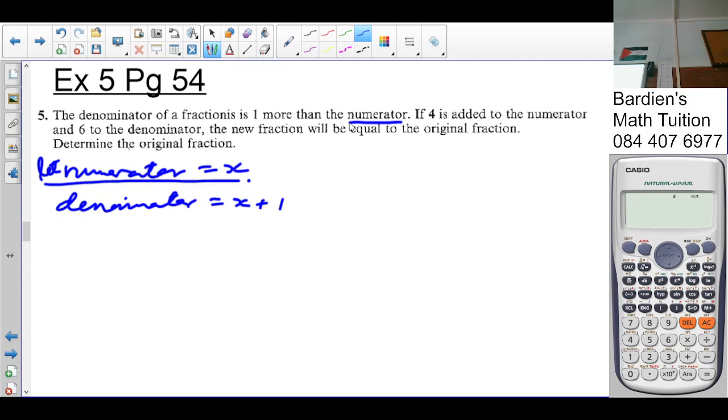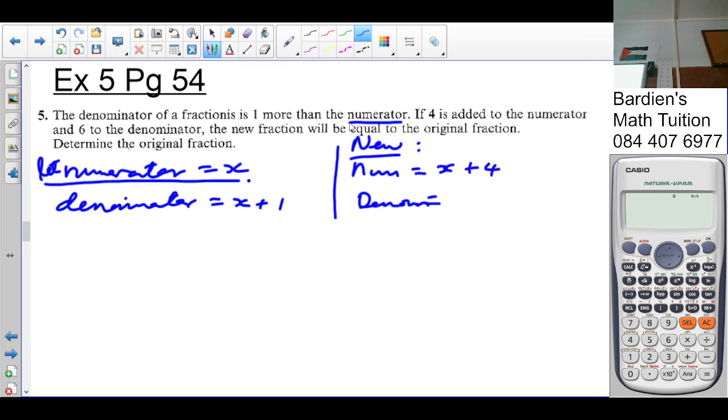If 4 is added to the numerator and 6 to the denominator, so there's now the new fraction. So if 4 is added to the numerator, there's going to be x plus 4.